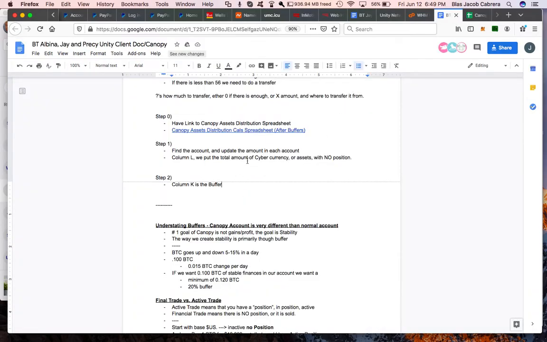So column L is the no position assets. Column K is the buffer for the volatility or variance of the crypto asset.